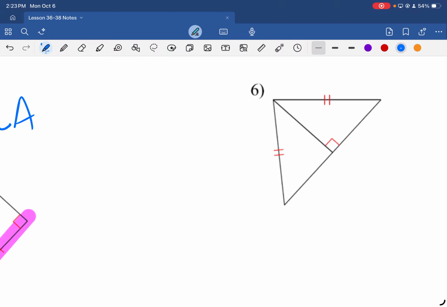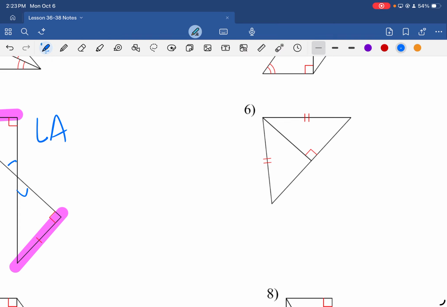Okay, good. All right, Kellen, number 6. LL. Let me look. That's not what I got. Okay. Do you see this right here? The right angle. Across from that is the hypotenuse. So this right here is the hypotenuse. And then they wanted you to know that this side was congruent to itself. So give it another shot.